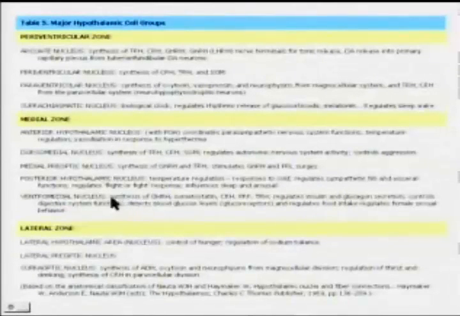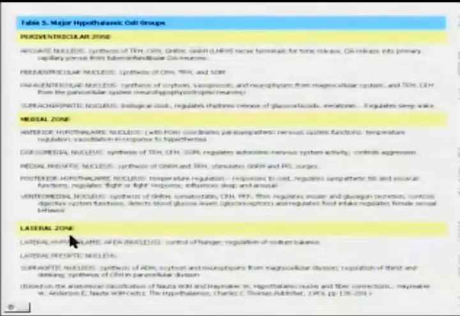A new important function of the ventromedial nucleus is to detect an endocrine signal called leptin that is synthesized and secreted by fat cells. So that's a new area of investigation into a hypothalamic axis, the adipocyte or fat tissue hypothalamus axis.